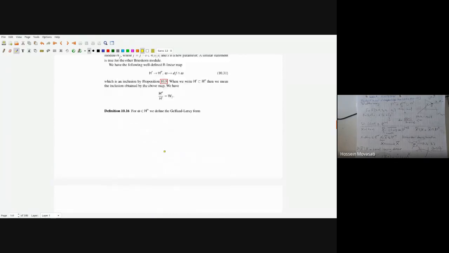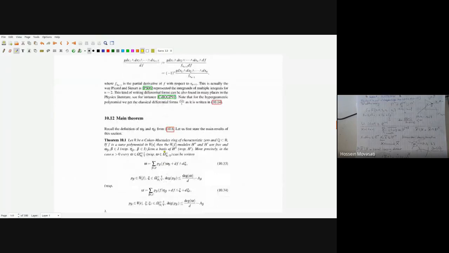But what I wanted to say is that in this case, one can write down explicitly a basis of this de Rham cohomology, and this basis is given in this theorem. Remember that in the homological part, we are interested to write down explicitly a basis of homology.